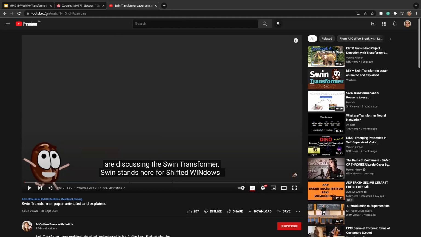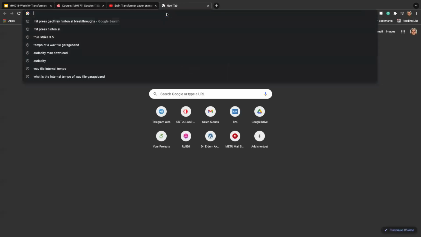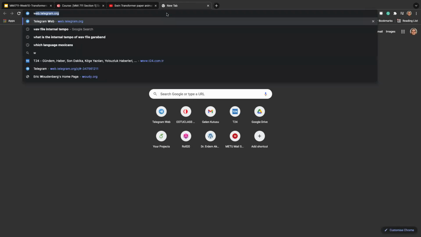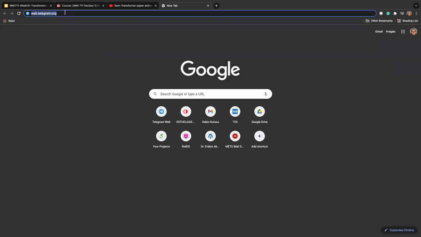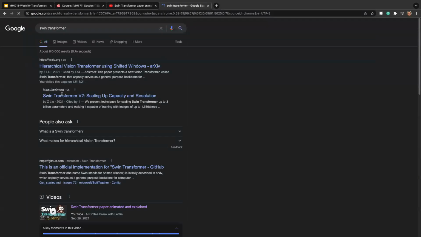Let me get the paper. If you're interested in applying transformers to vision, the Swin transformer: hierarchical vision transformer using shifted windows.